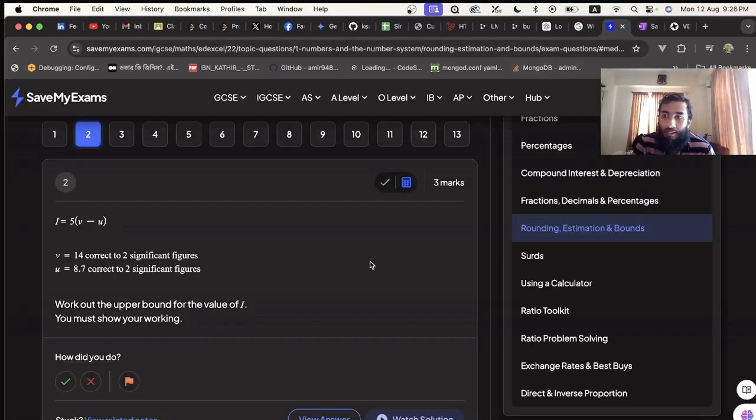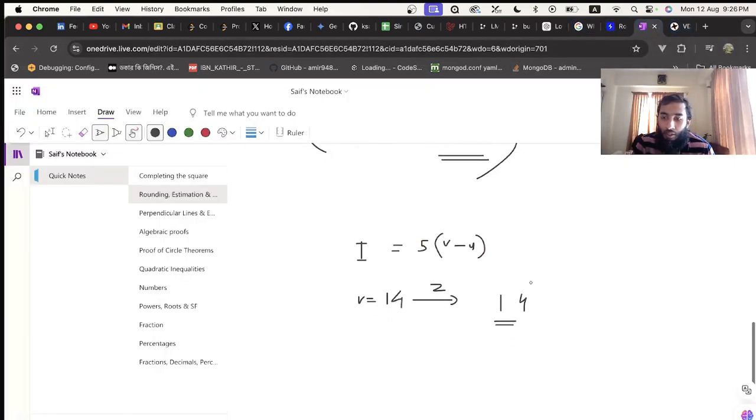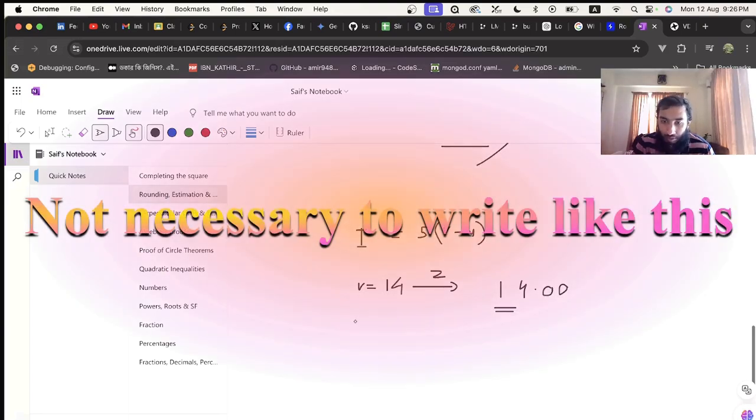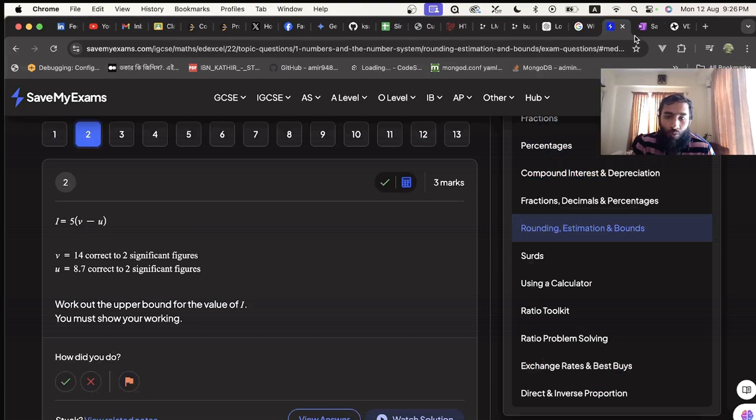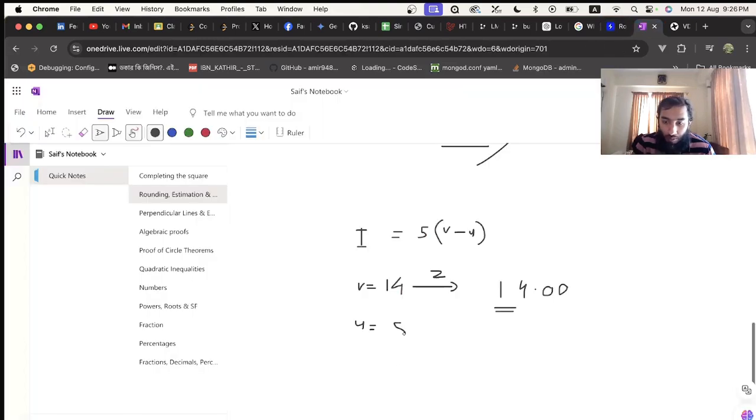Similarly, u is 8.7. You can also write 14 as 14.00. There is no problem with that. The value of variable u is given as 8.7, and also this is correct to 2 significant figures.